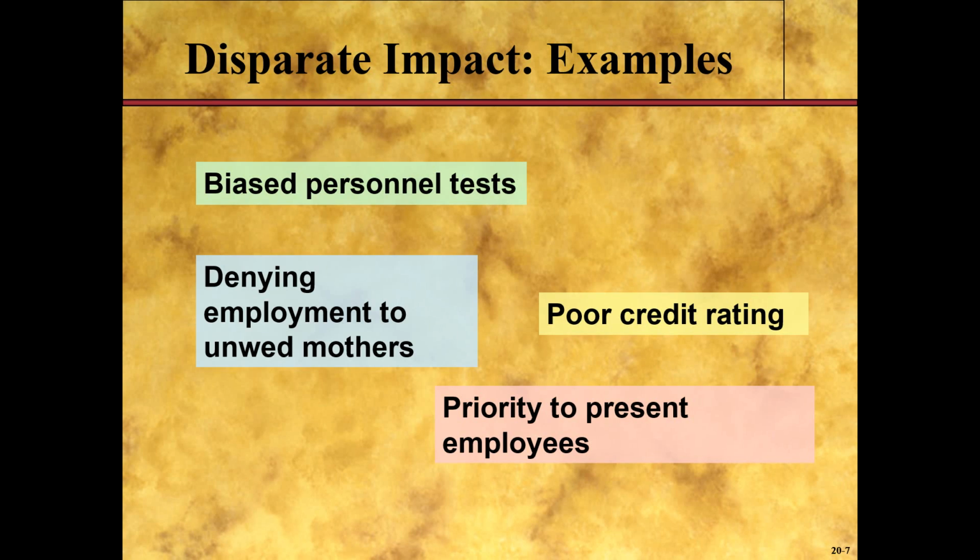They may seem to be neutral, giving a personnel test, but if statistics show that the pass rate for one group is much higher than another group, you need to be examining whether there is truly a business necessity for that test or whether it is just a way to discriminate.